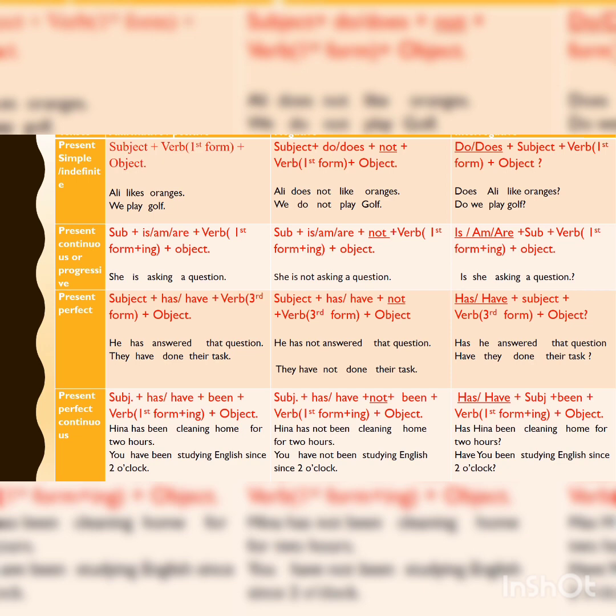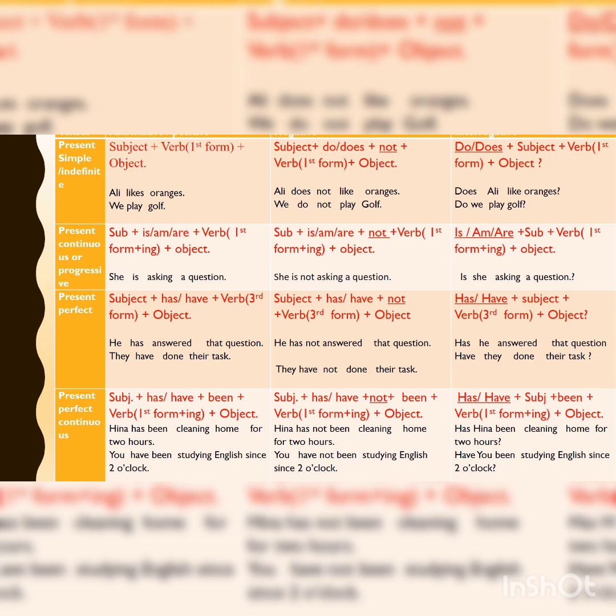Whereas in a negative sentence the structure goes like this: subject plus has/have plus not plus been plus first form of verb plus ing plus object. For example, Hina has not been cleaning home for 2 hours. You have not been studying English since 2 o'clock.